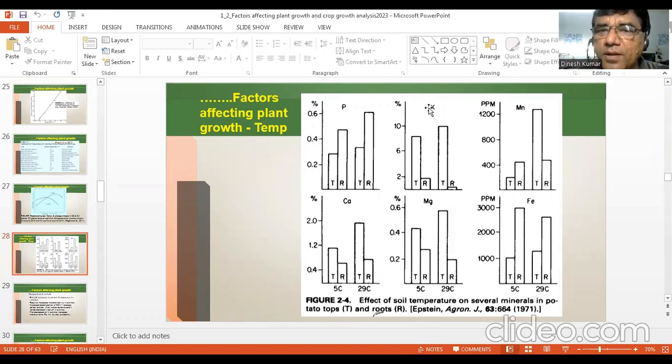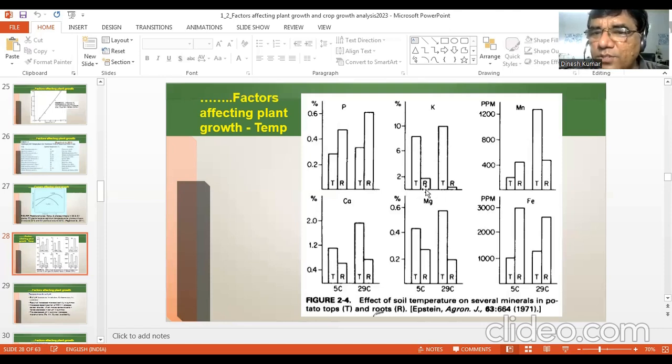These two bars are for 5 degrees centigrade, and these two bars are for 29 degrees centigrade, low temperature and high temperature. In the top, the potassium concentration is less at 5 degrees centigrade, but if you increase the temperature, it is more in the top part.